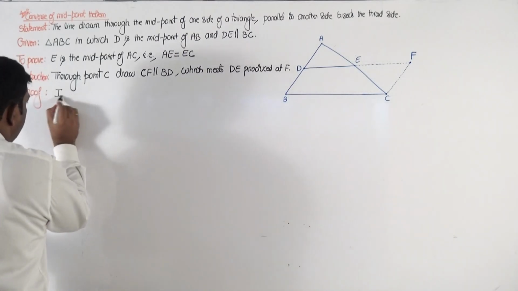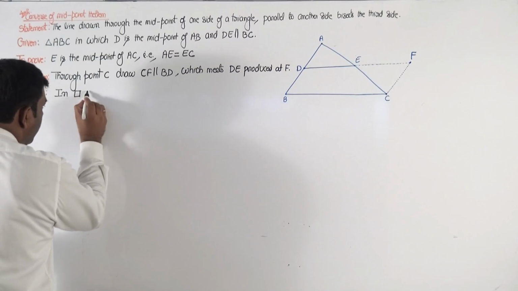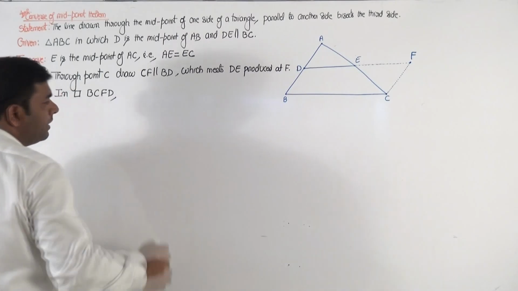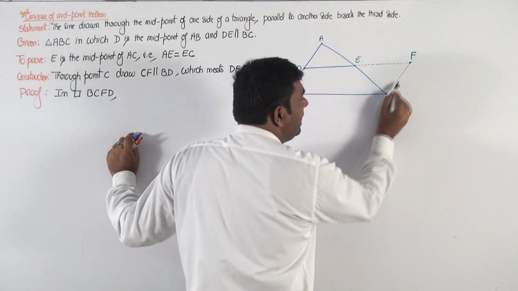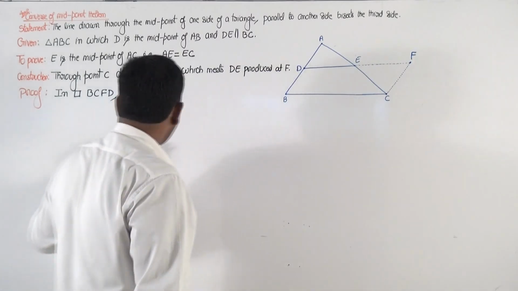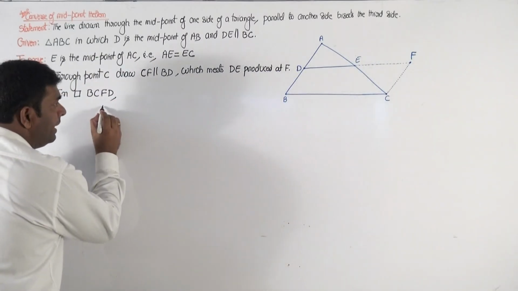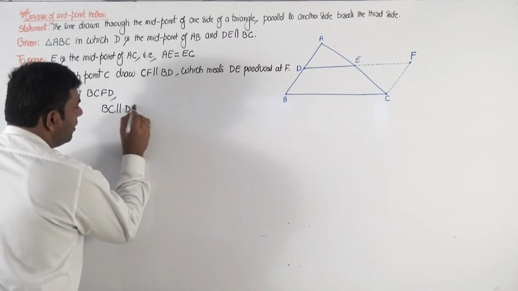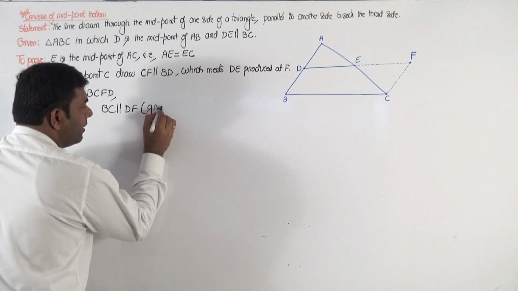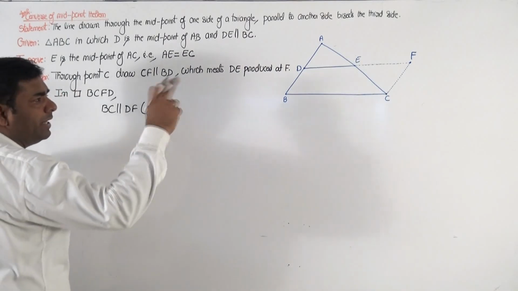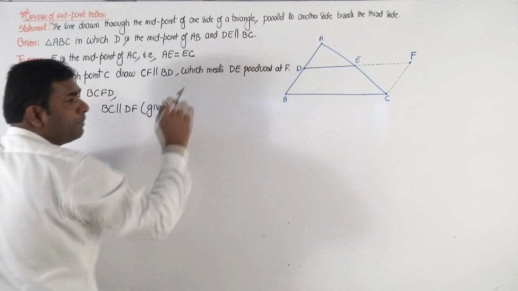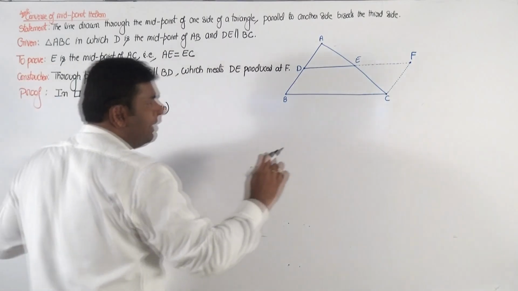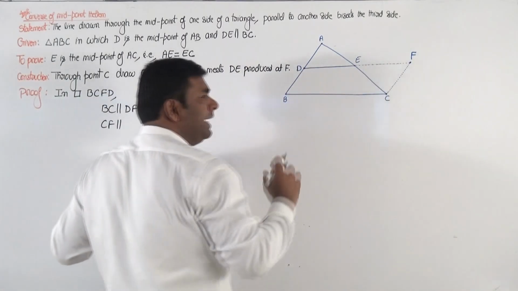In quadrilateral BCFD, BC is parallel to DF, that is given, वो तो क्वेश्चन में दिया है.